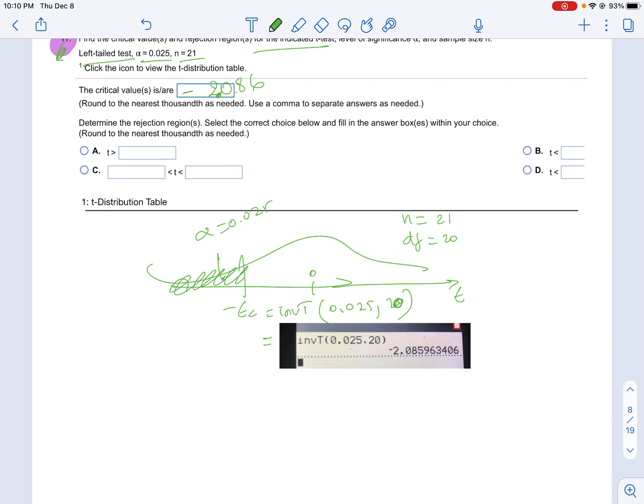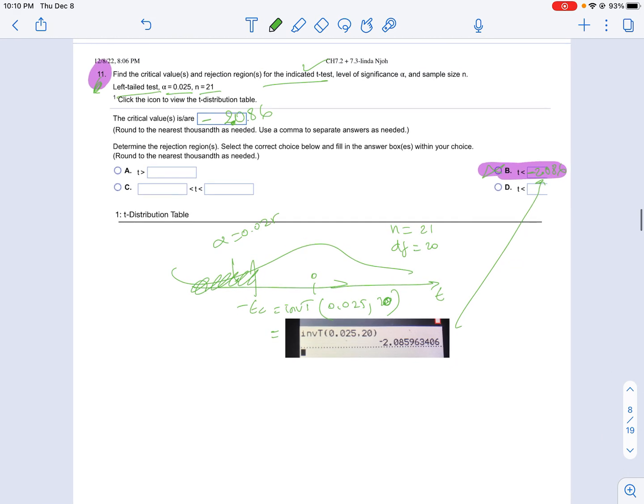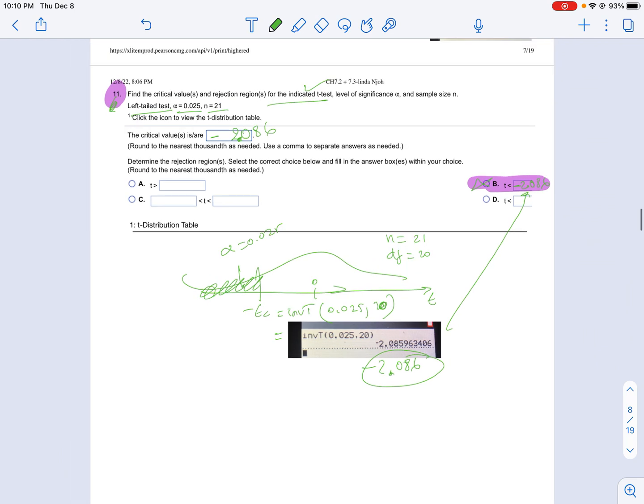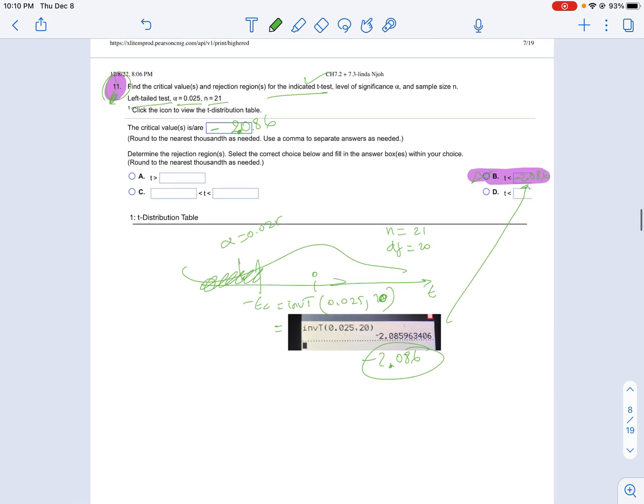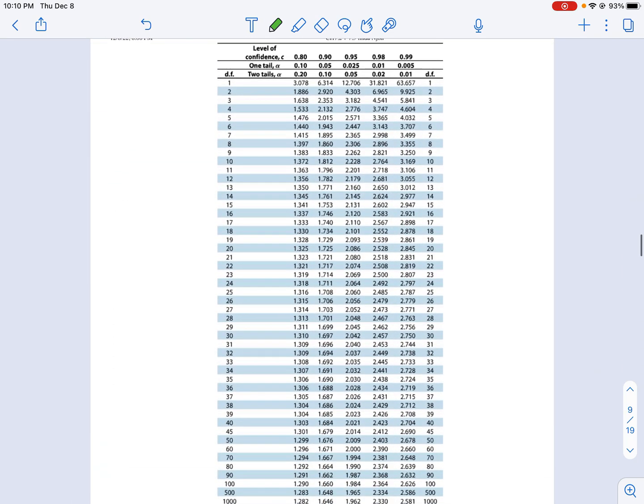That's it. So t is less than. So it should be B, the answer. T is less than negative 2.086. That's what you plug in here. Those are quickies you ought to know how to do.